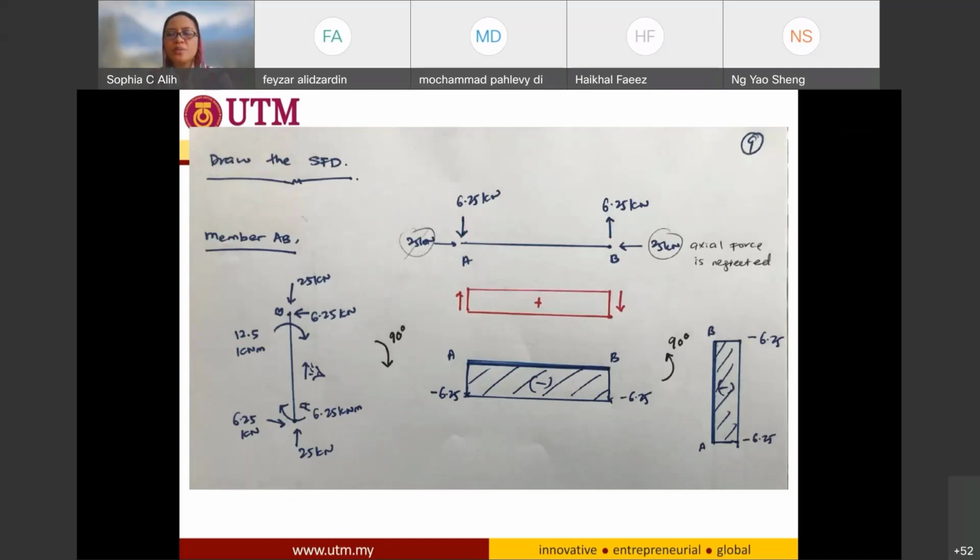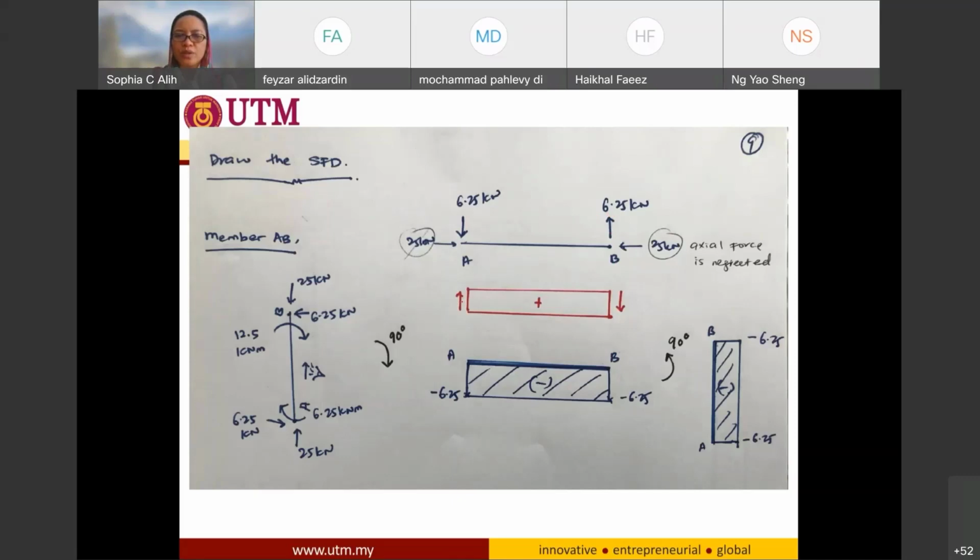Based on our previous lecture on drawing shear force and bending moment diagrams, we have the general guidance to determine positive and negative. If the arrows point upward on the left and downward on the right, it is a positive shear. However, here our shear force is pointing downward instead of upward, and upward instead of downward, so it is going to be negative.